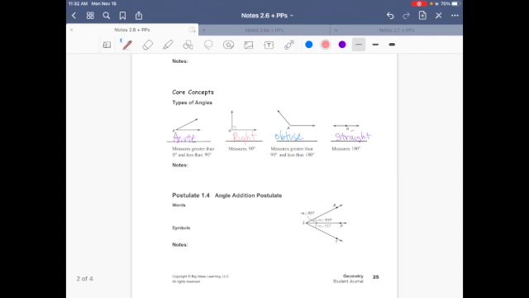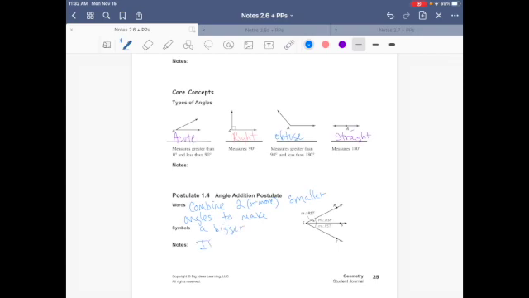Okay, now lastly, let's go to the angle addition postulate. The big idea with the angle addition postulate is that we can combine two or more smaller angles to make a bigger angle.